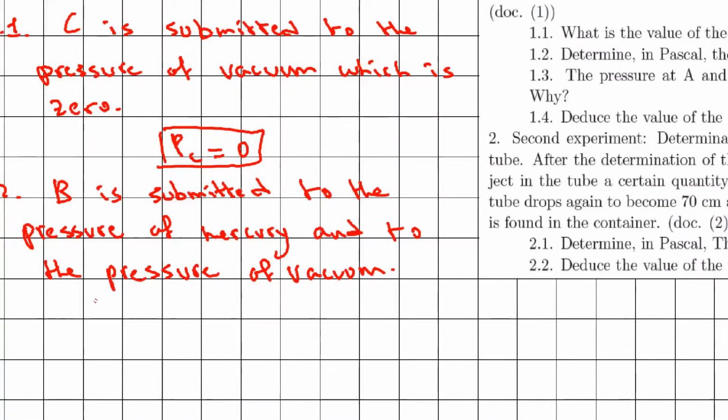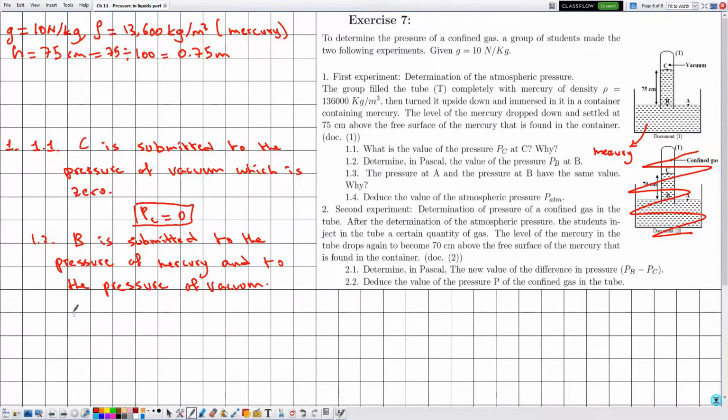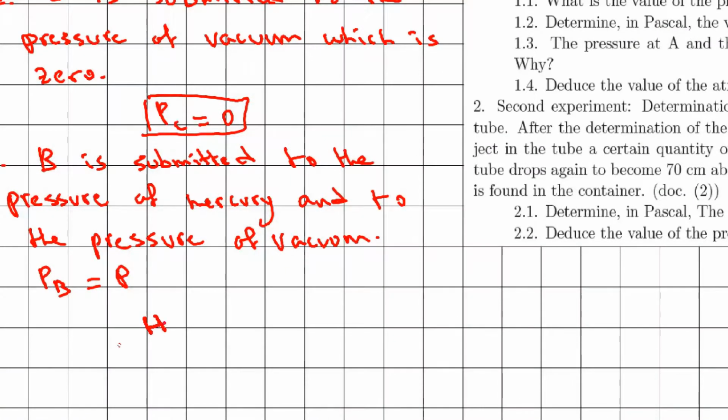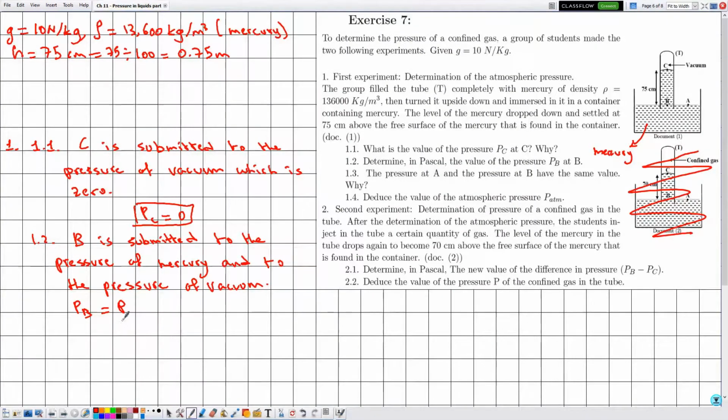They usually give half a mark for this statement. This statement in this case is important. So the total pressure at the point B is the pressure due to mercury, which is usually denoted by Hg, so let's denote this pressure by PHg, plus the pressure due to vacuum, which is Pc.